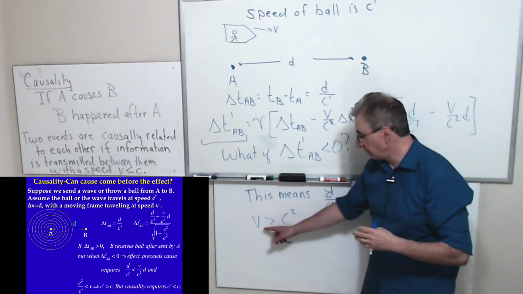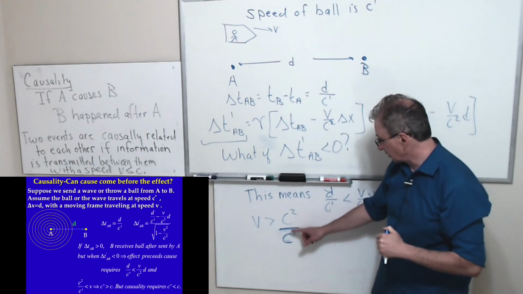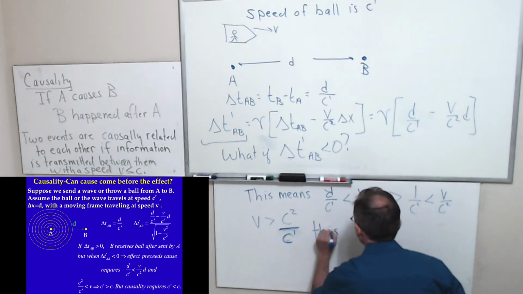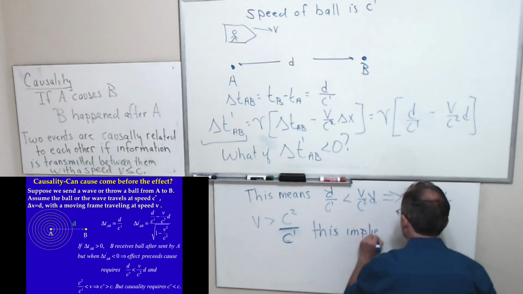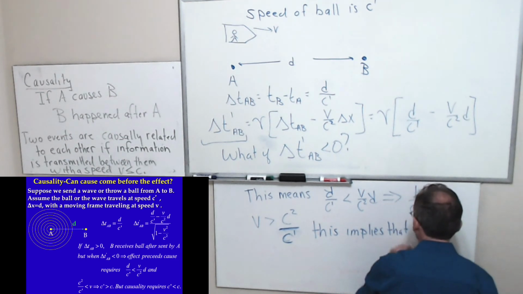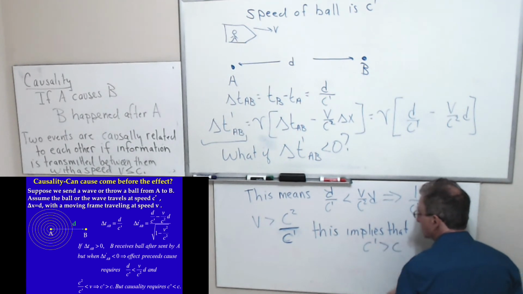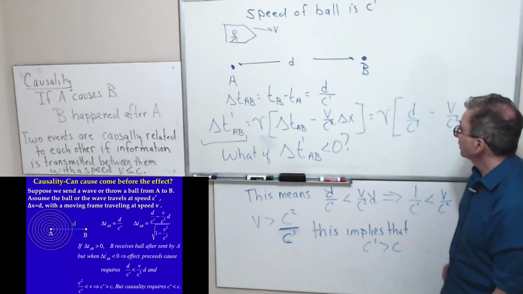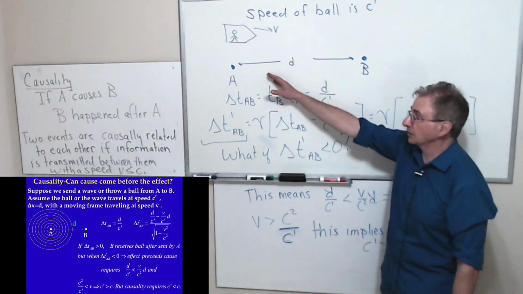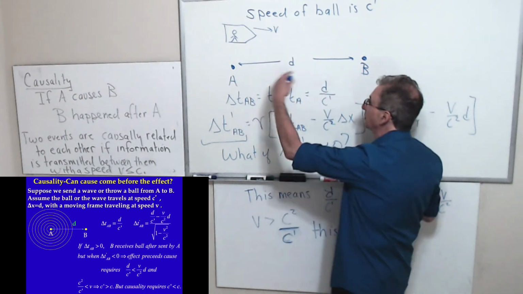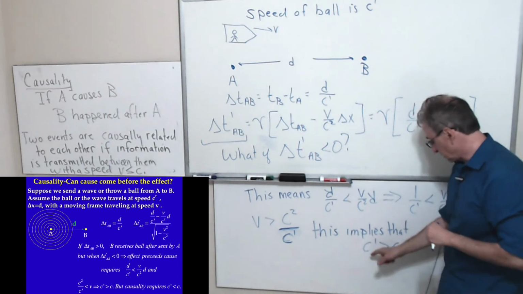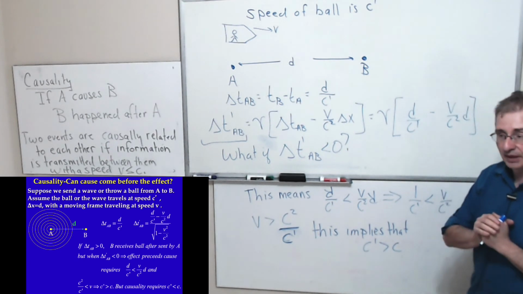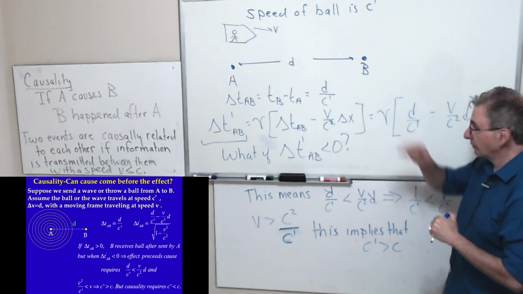But we want v to be greater than c squared over c prime. That must mean, this implies that c prime is bigger than c. So that means that the object that's thrown from A to B, or if we sent a wave from A to B, has to have a speed greater than the speed of light. Of course, the speed of light is the limiting speed. And so this is not going to happen because these two events are causally related.